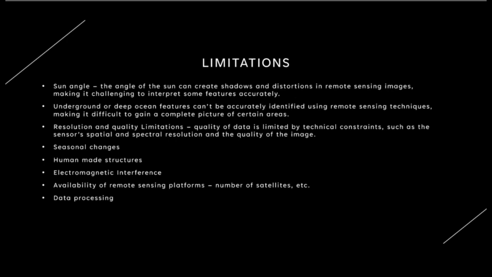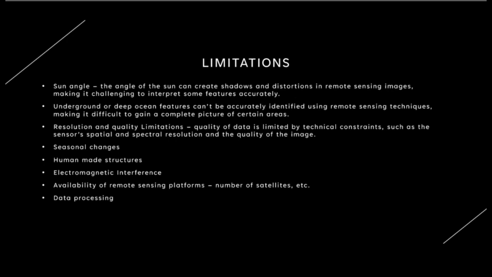Another limitation is electromagnetic interference. Remote sensing can be affected by radio waves, power lines, and other sources of electromagnetic radiation, which can affect the quality and also the accuracy of the data. The electromagnetic interference can limit the reliability and usefulness of remote sensing in some applications.